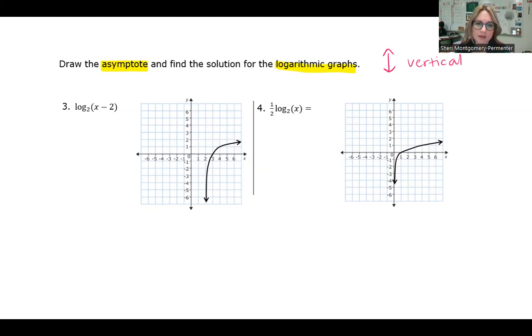And another thing, your graph can't cross the asymptote. The solution, that's where it crosses the x-axis. So it's x equals, it'll be x equals.